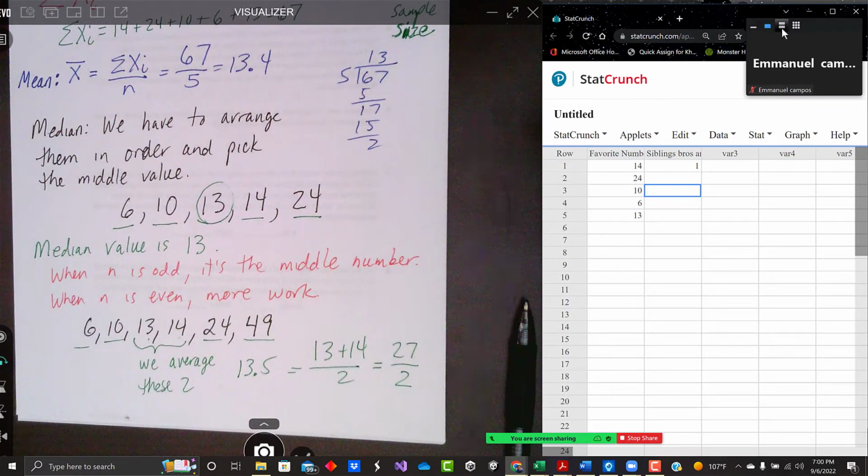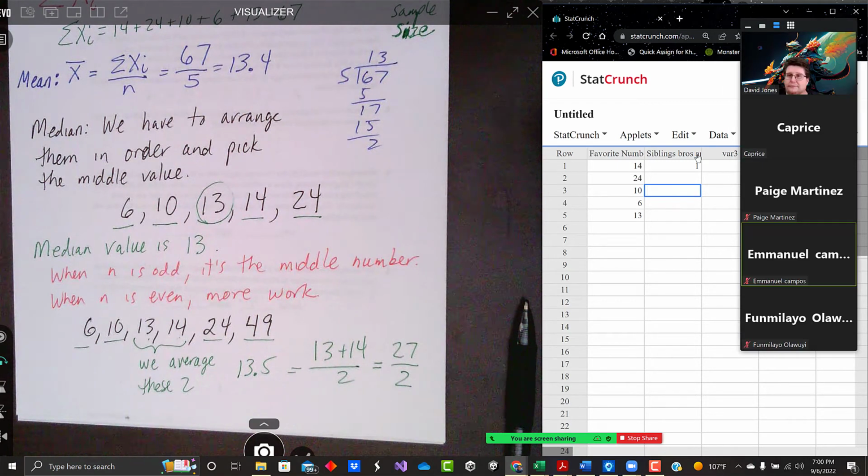Caprice, how many siblings do you have? 1 brother. Paige, how many brothers and sisters do you have? 1 brother. Wow. Emmanuel, what about you? 3 sisters and 1 brother. So a total of 4. Okay. Yep. Do you have any siblings?